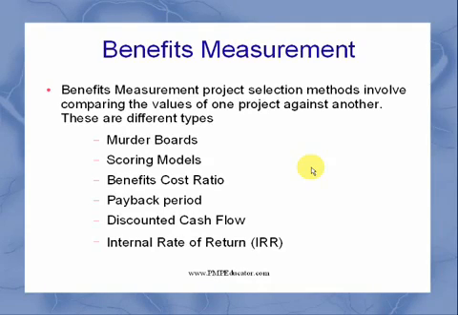So the selection method involves comparing the values of one project against the other. There are different types of benefits measurement. The first is murder boards. The others are scoring models, benefits cost ratio, payback period, discounted cash flow, and internal rate of return.